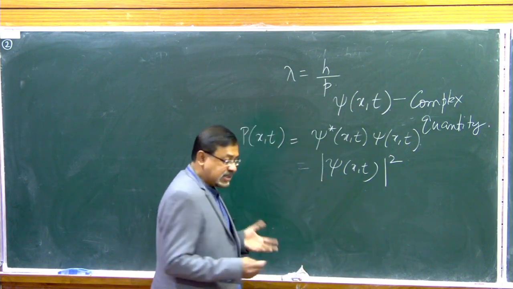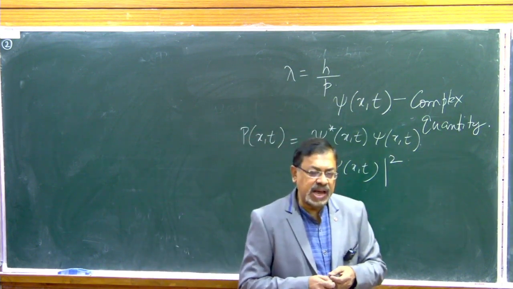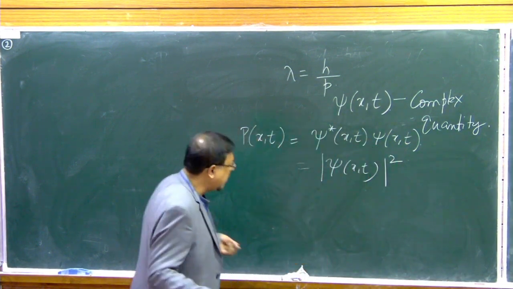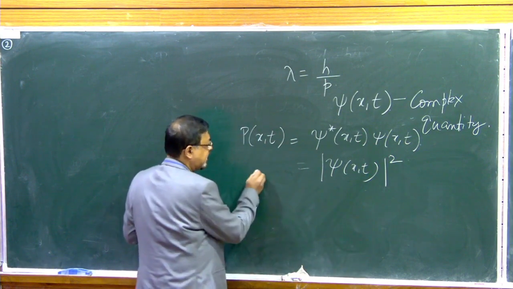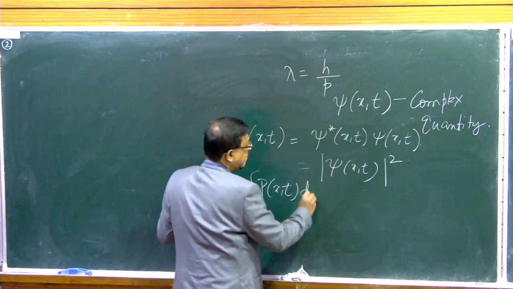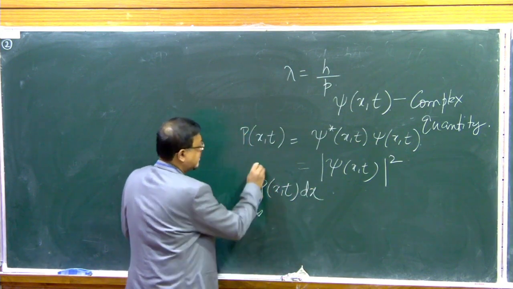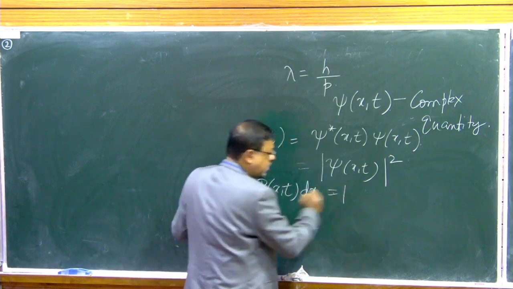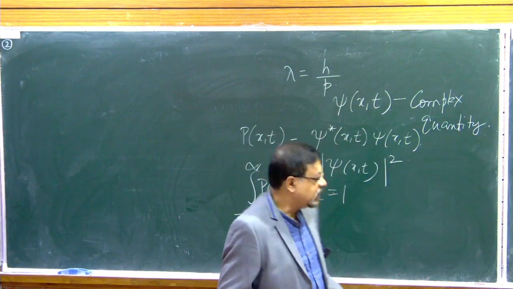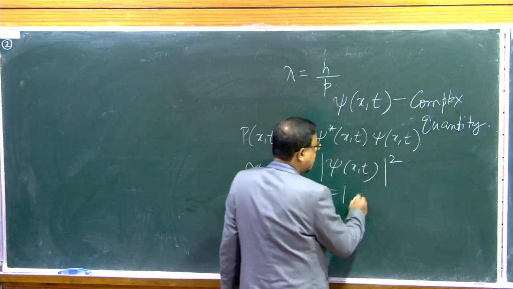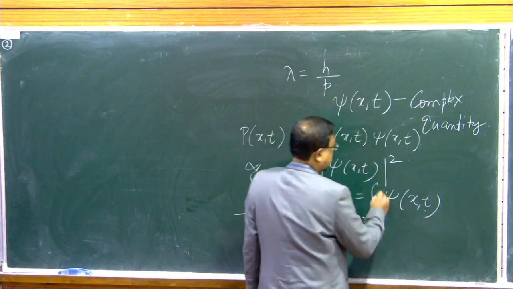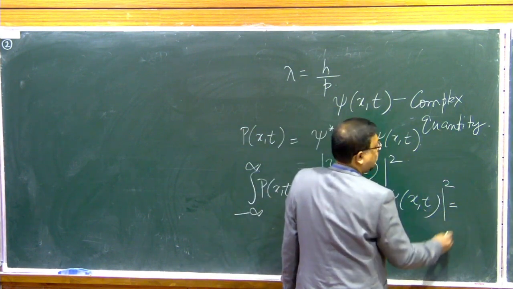And since if there is a particle, we should find it somewhere in space between minus infinity to plus infinity, this probability density, when we sum it over all x between minus infinity to plus infinity, we should get equal to 1, right? Because that's the total probability. We know the normalized probability is always equal to 1, which tells you that this thing is equal to 1 for all t.